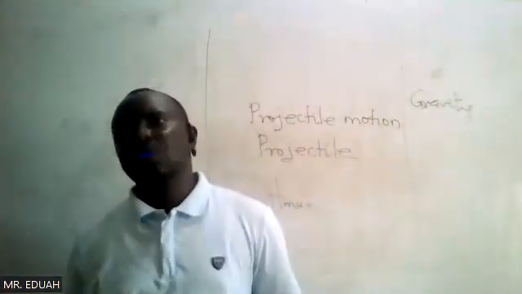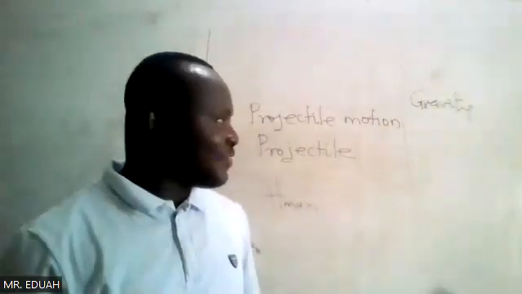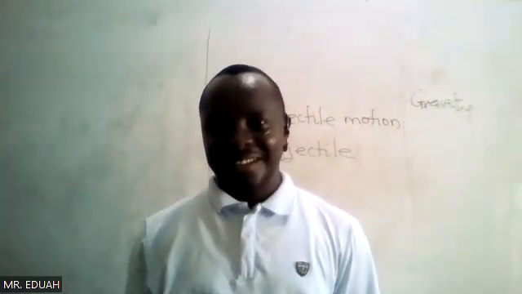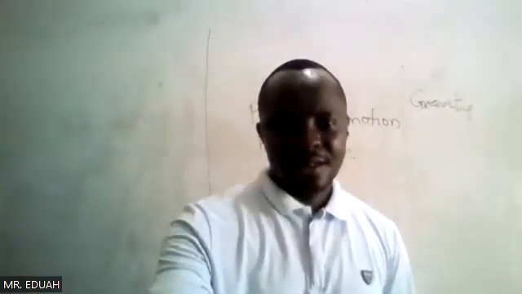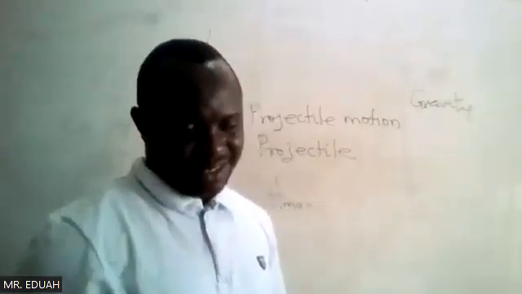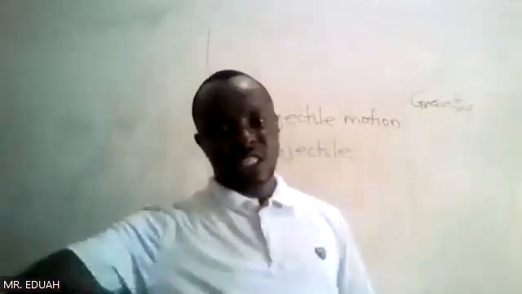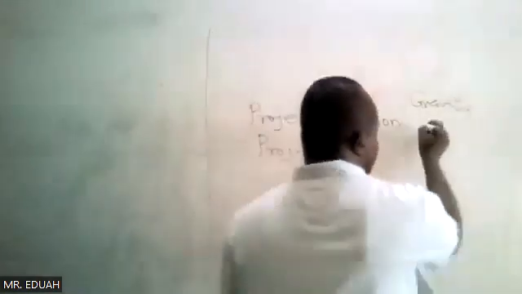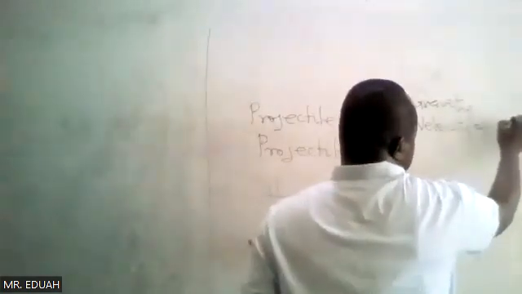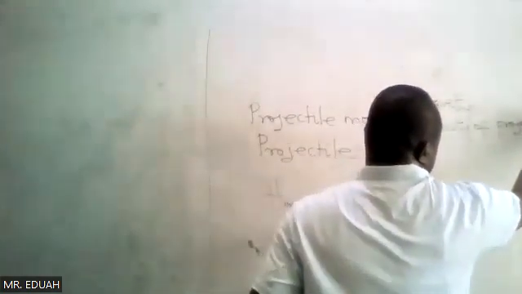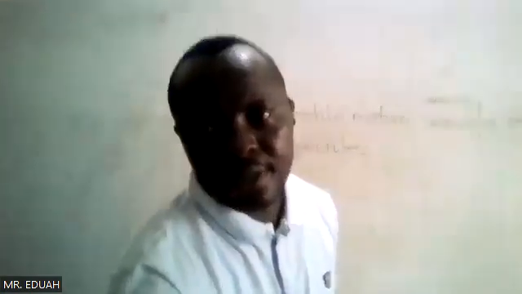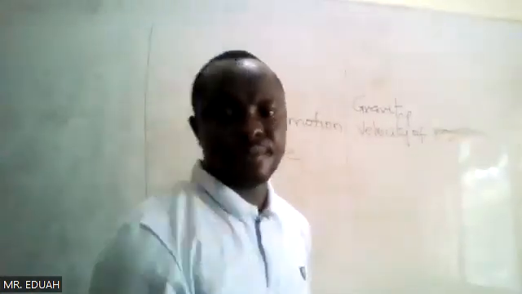Gravity is 1, 2. Okay. Is the initial velocity the body is moving? The velocity of projection. Okay. Don't say the initial velocity, but velocity of projection. Velocity of projection. 3. Yes.